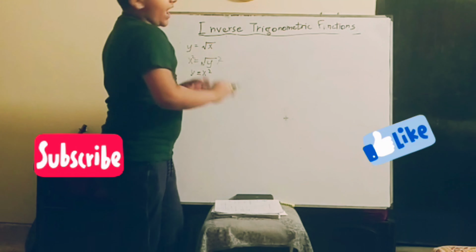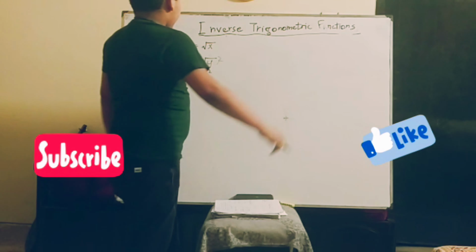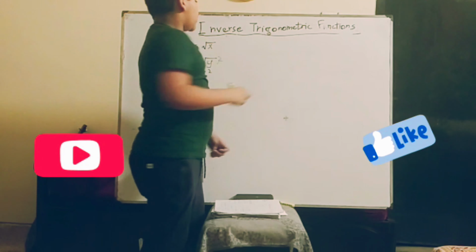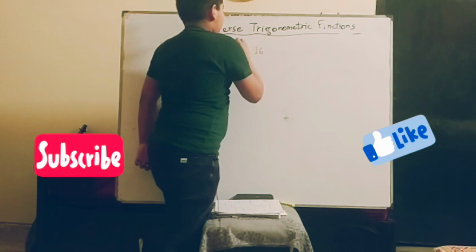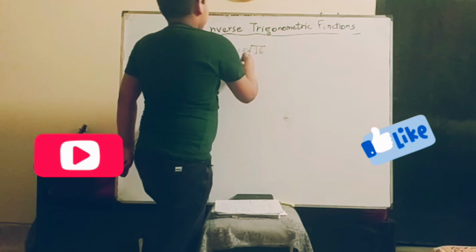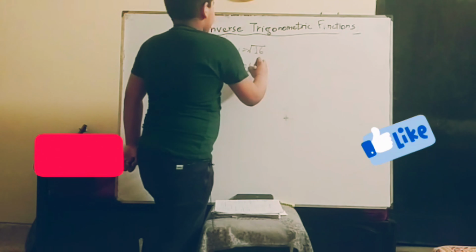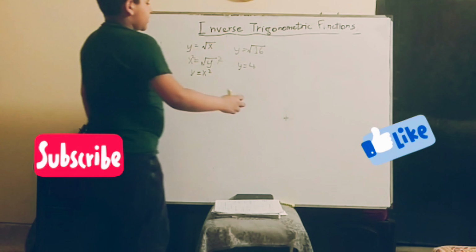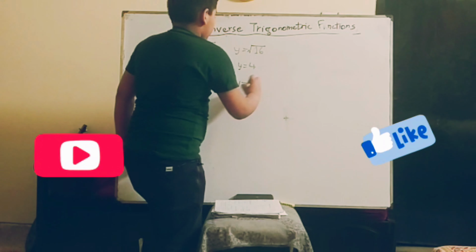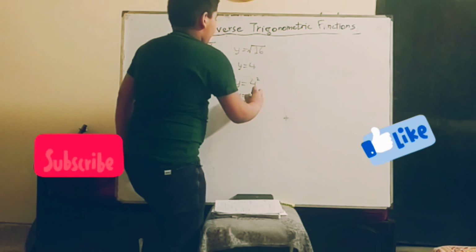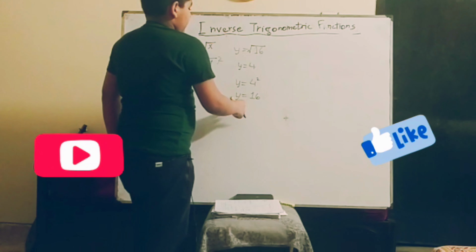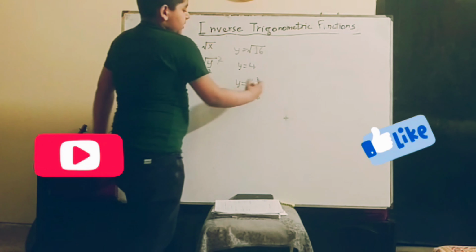But it's not a random function. If we, let's say, put the square root of 16, with 16 as the value of x, we get y equals 4. 4 is the answer. Now if we put this into our new function, we get back the number we started with, which was 16.